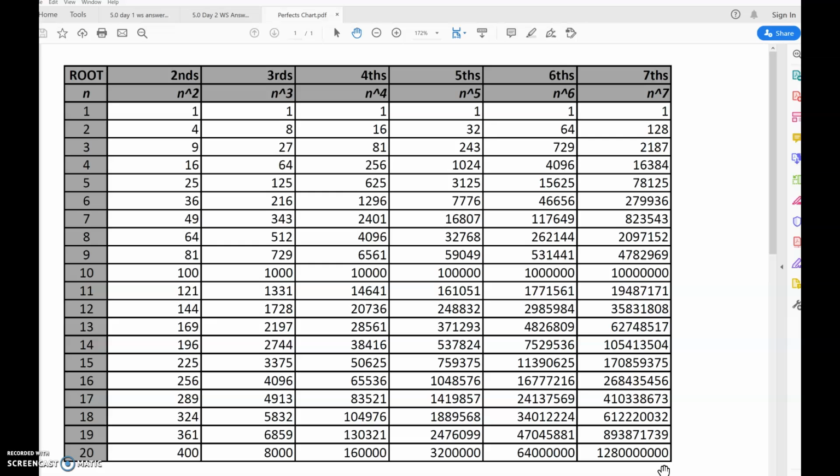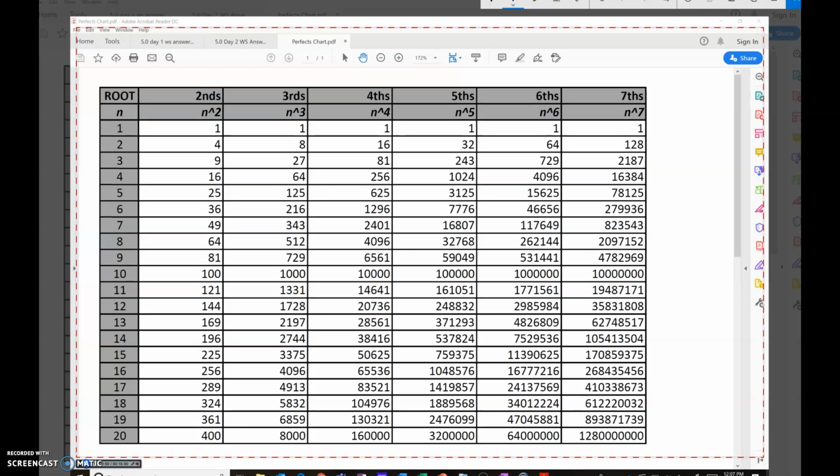So on your perfects chart, it would be a really good idea over the even columns to write plus minus on all of them. So the even columns, put a plus minus on the top, just to remind you that when you have a second root, a fourth root, or a sixth root, you can have a positive and a negative answer.